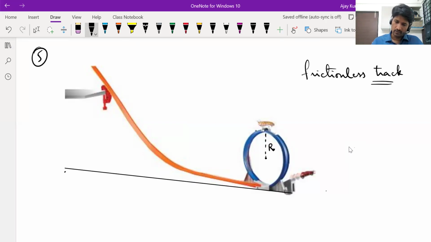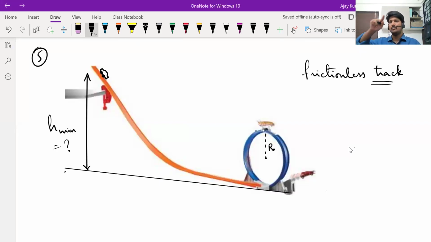You should find out from what minimum height the car should be released such that it can complete the loop.